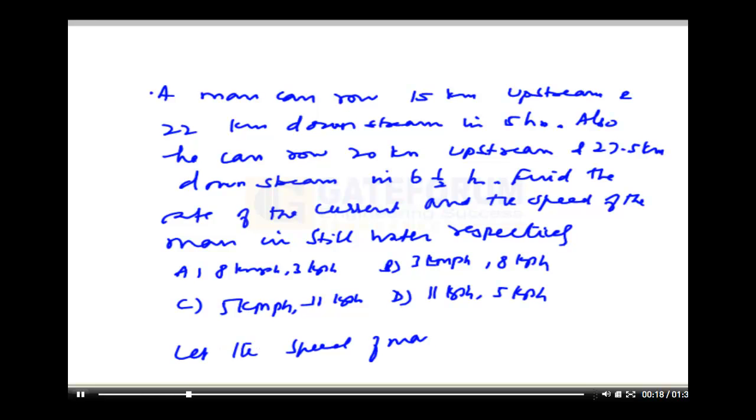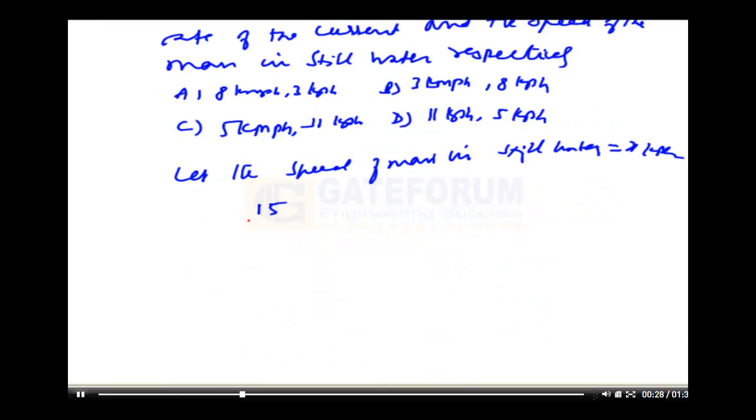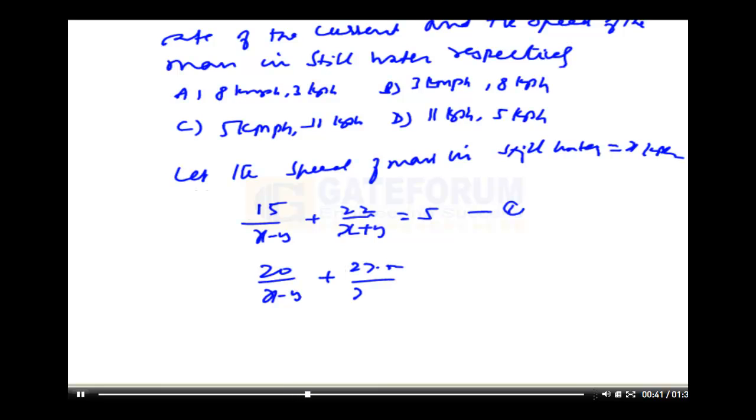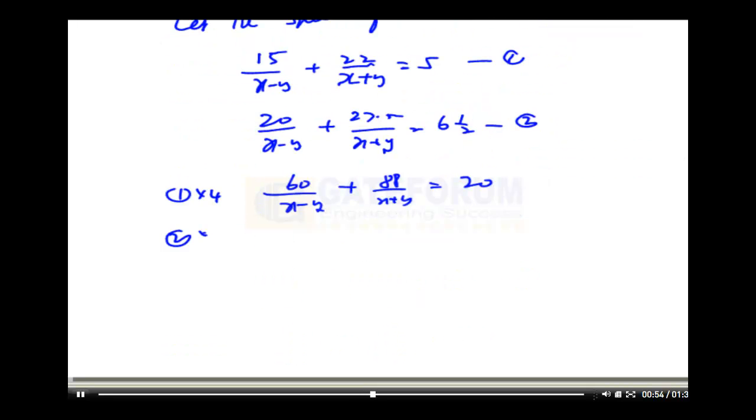Let the speed of the man in still water be x, and the current be y. Then the first equation: 15 kilometers upstream at x minus y, 22 downstream at x plus y, is equal to 5 hours, and 20 kilometers upstream and 27.5 downstream is equal to 6.5. Multiply equation 1 by 4 to get 60 by x minus y plus 88 by x plus y is equal to 20.